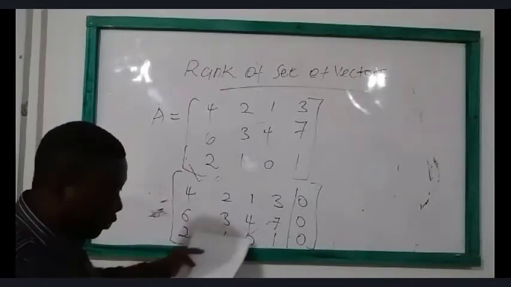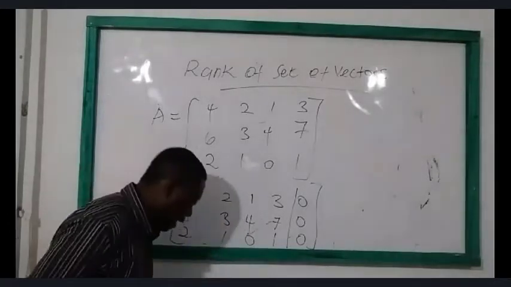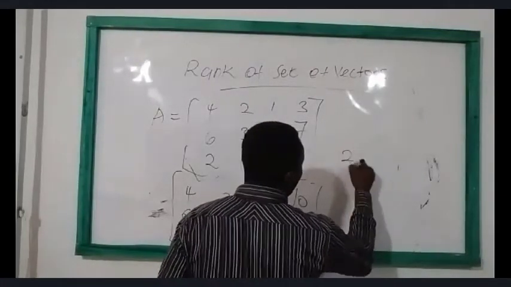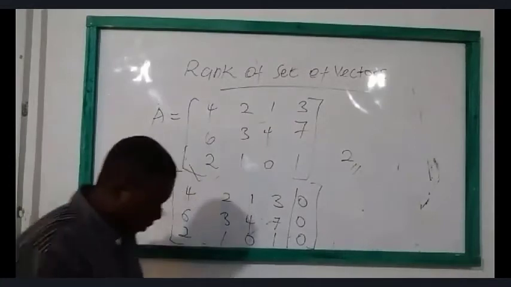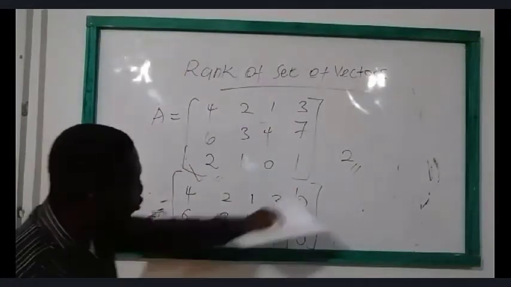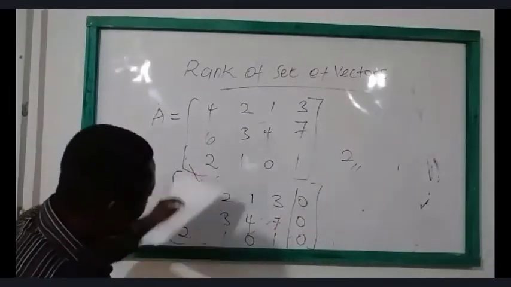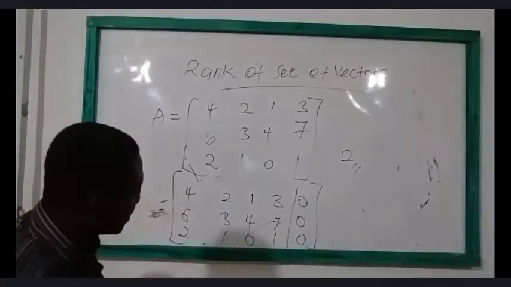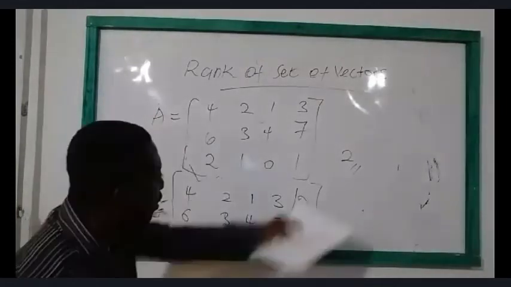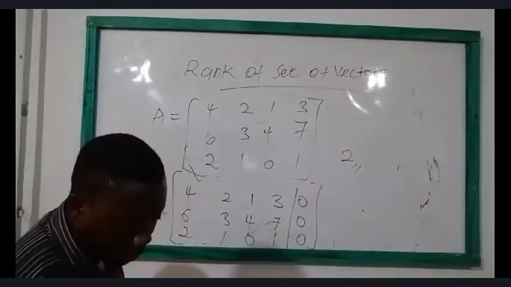So finally, when you do this, you realize that only 2 of them is going to give you a leading one.